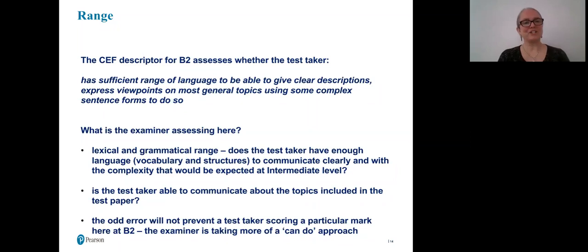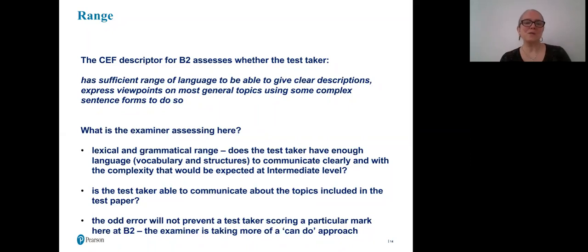What's the examiner actually assessing here? Well, we're looking for the lexical and grammatical range. We're looking to see whether the test taker has enough language at their fingertips. This is both vocabulary and grammatical structures to communicate clearly and with the complexity that we would expect at intermediate level.